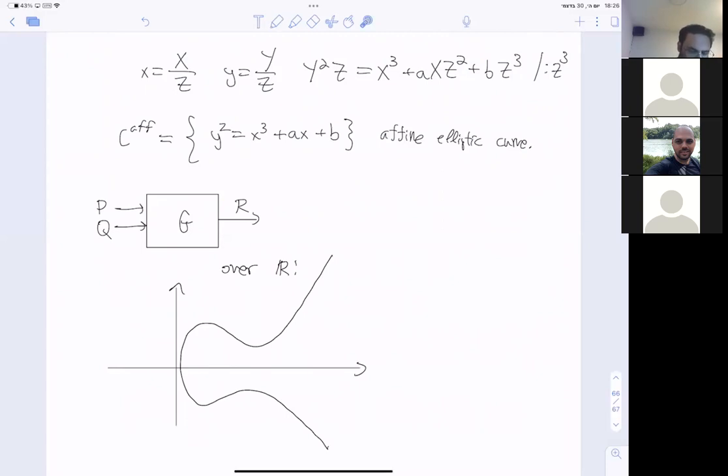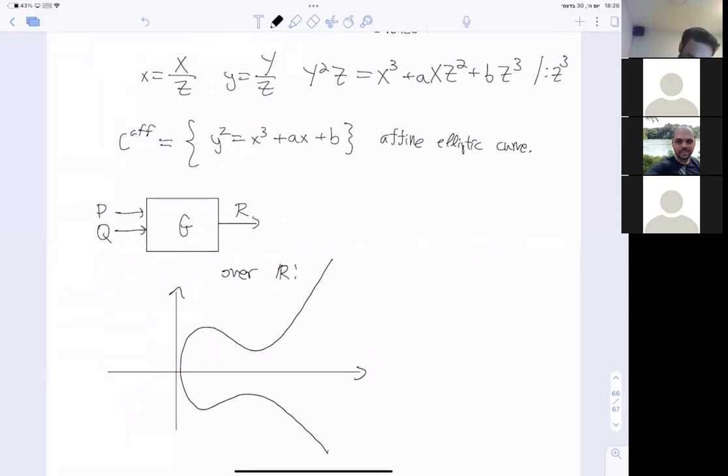Because y is plus or minus the square root, so it's a symmetric curve. And since it's of degree 3, any line goes through at most 3 points. So we want to create such a machinery.